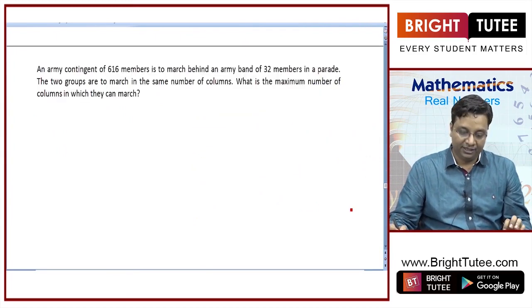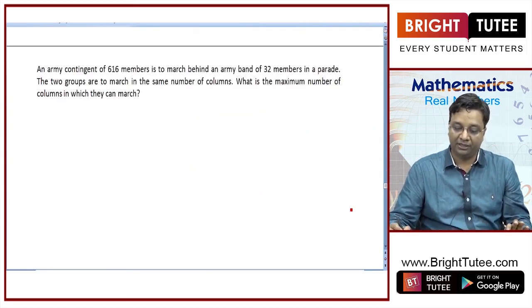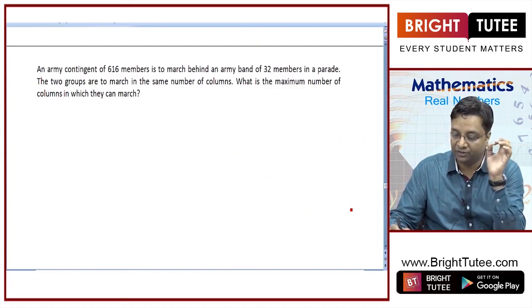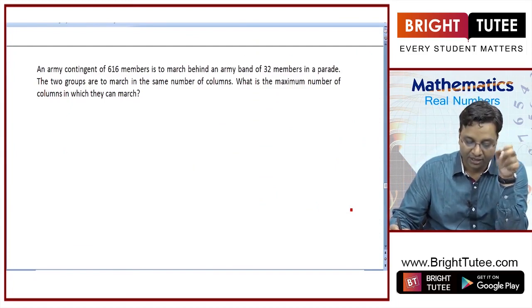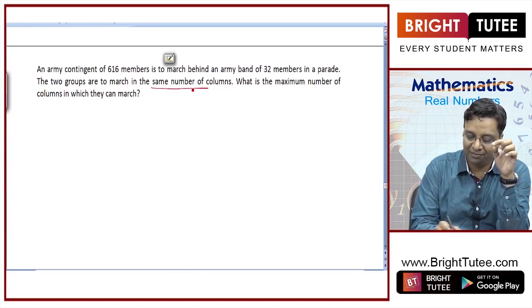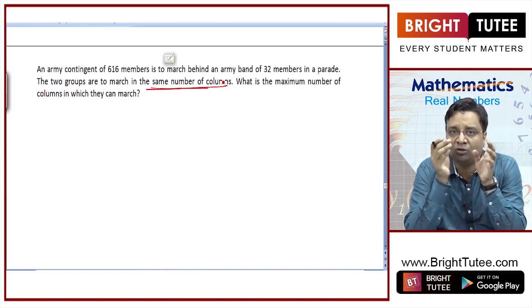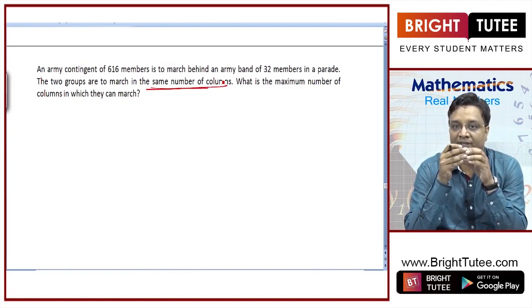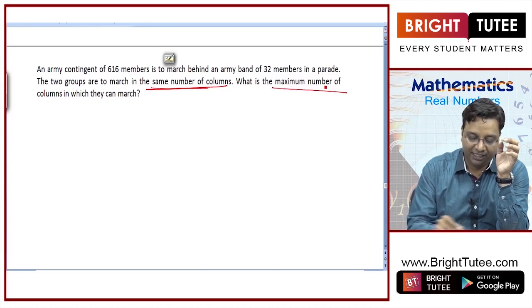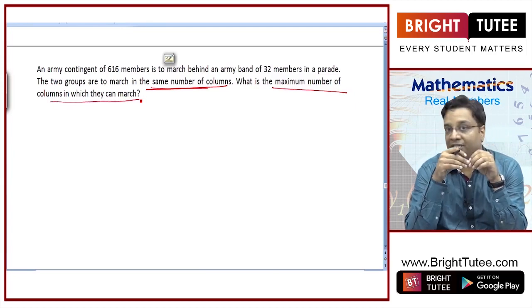An army contingent of 616 members is to march behind an army band of 32 members in a parade. The two groups are to march in the same number of columns, okay. When they have to march in the same number of columns, there has to be a common factor in these two numbers, right. So what is the maximum number of columns in which they can march?